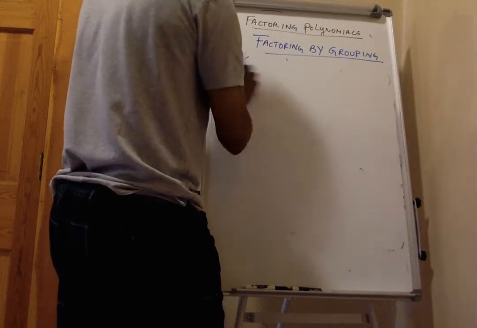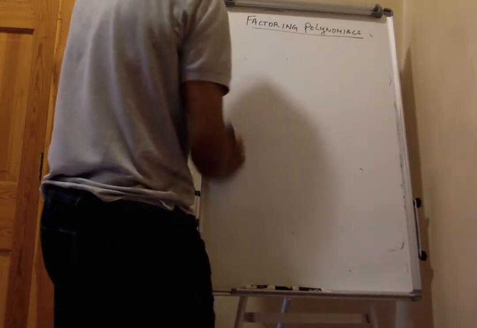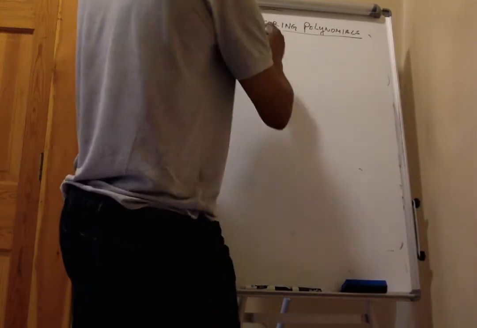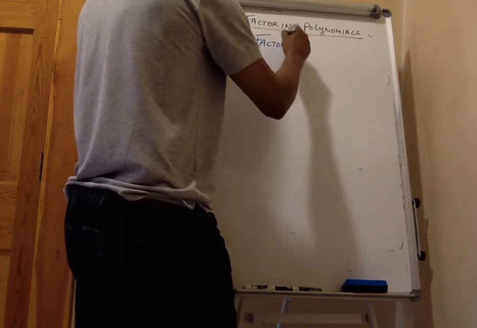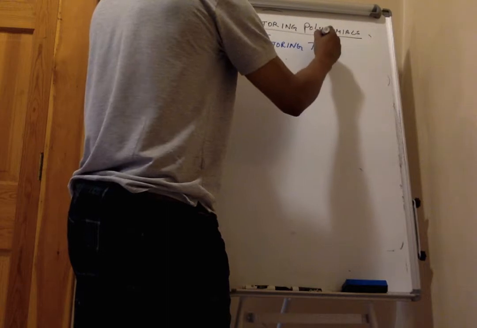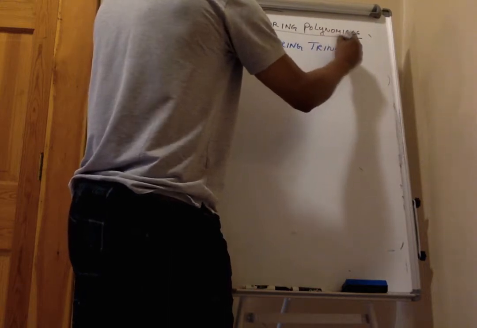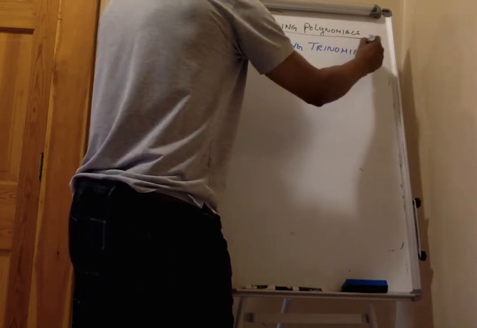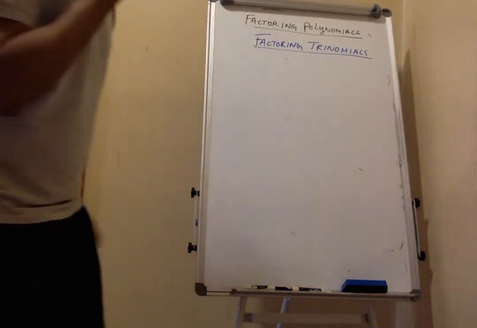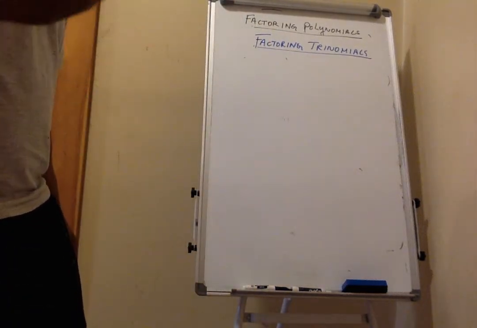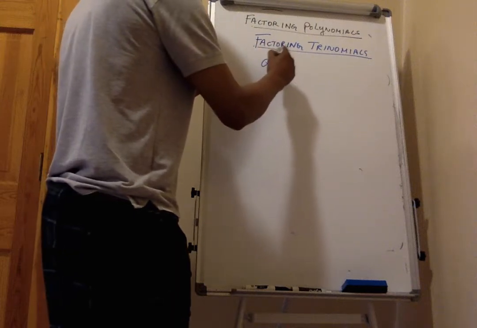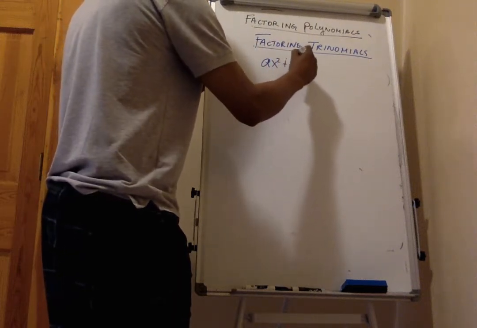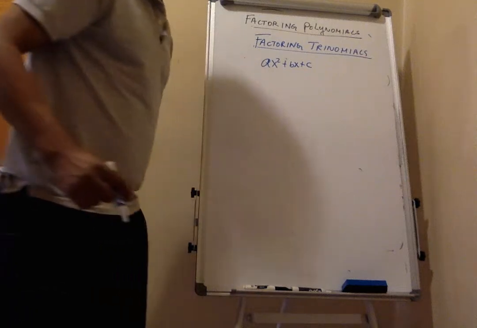And then you have seen this again in 096 or 095, factoring trinomials. You know pretty well, a trinomial has 3 terms. Let's say ax squared plus bx plus c.